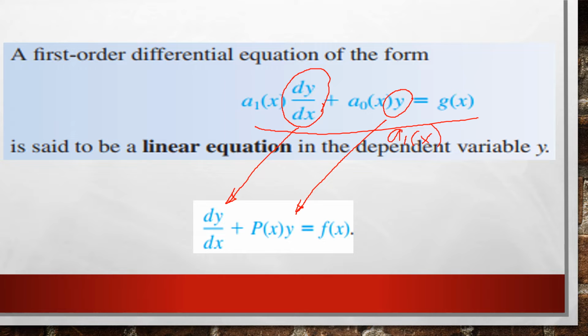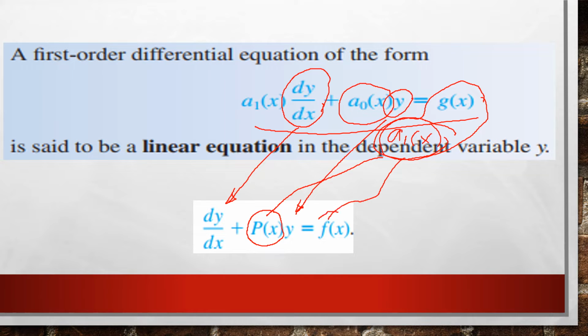This one, a0(x) divided by a1(x), takes the form of p(x), and also g(x) divided by a1(x) takes the form of this one. If we divide that, we have f(x).